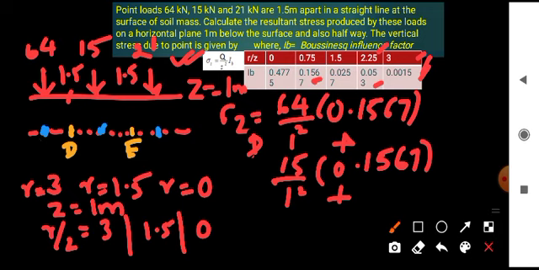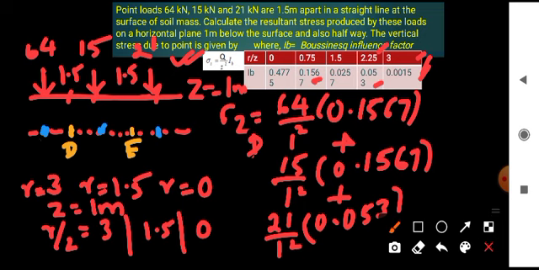So 1.5 here, this distance, plus 0.75 we have to add, that is 2.25. So 21 divided by 1 square into, the corresponding Boussinesq influence factor is 0.053, and you can simplify and find the answer in kilonewton per meter square.